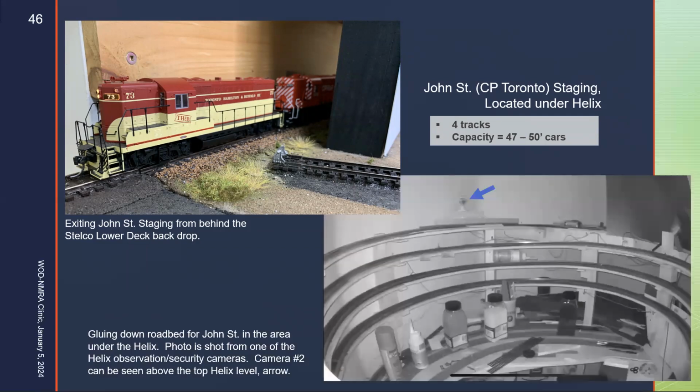And you can see in the lower right-hand corner the security monitoring camera photo of the staging yard down here, just in the early stages of construction, various bottles weighing down cork. And you can see that one of the little mini cams is up over here where the blue arrow is.